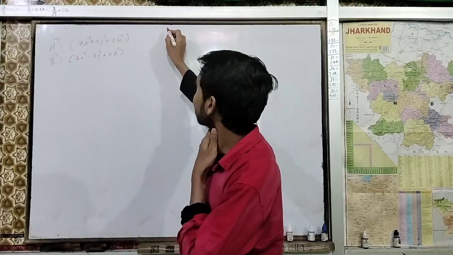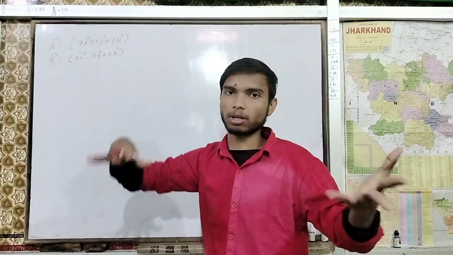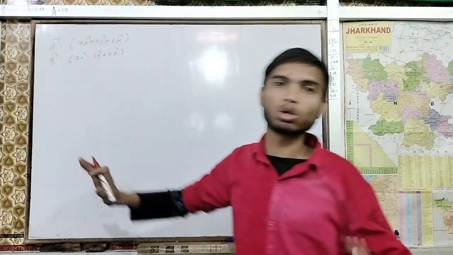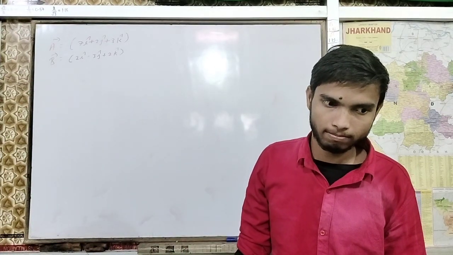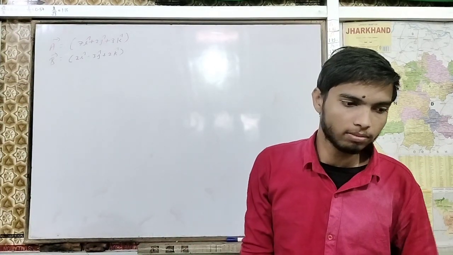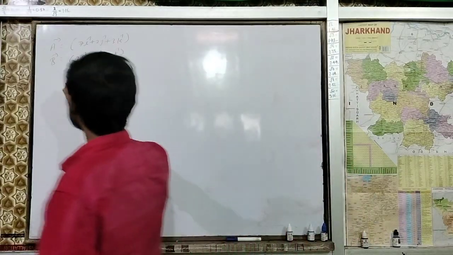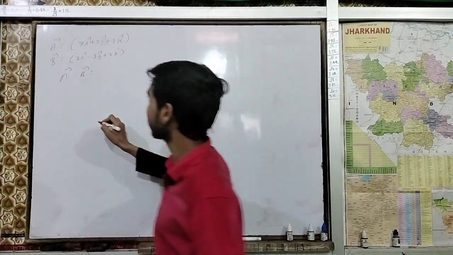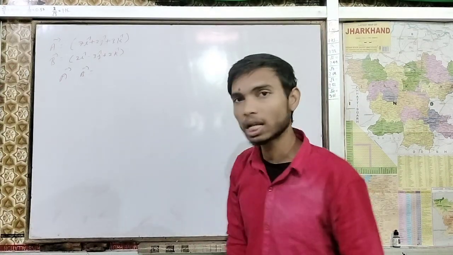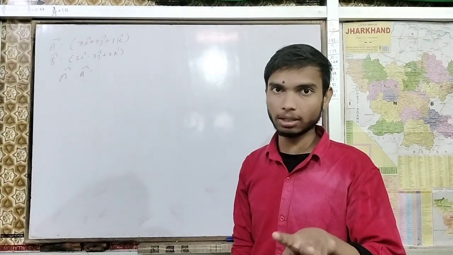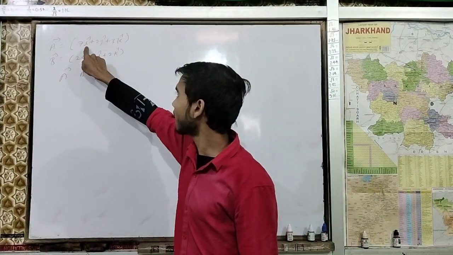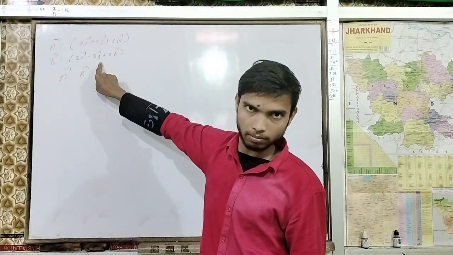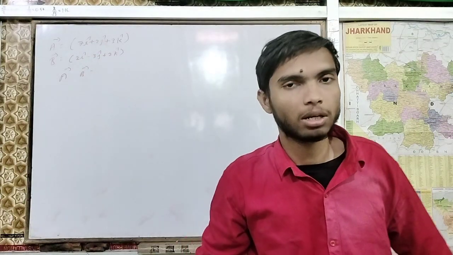The question is saying you have to apply dot product. So multiply this by using dot product. This is your question. So A vector dot B vector will be what? You are already crystal clear that if you multiply i cap dot j cap, you will get 0 result.